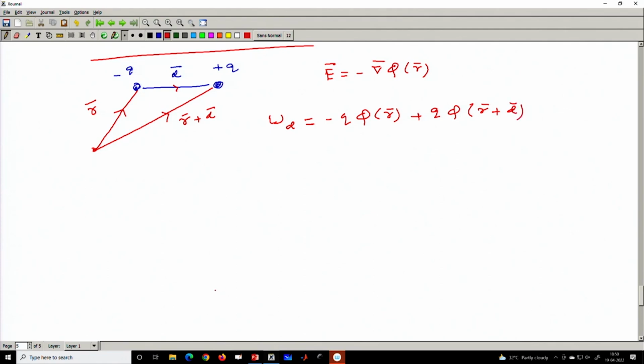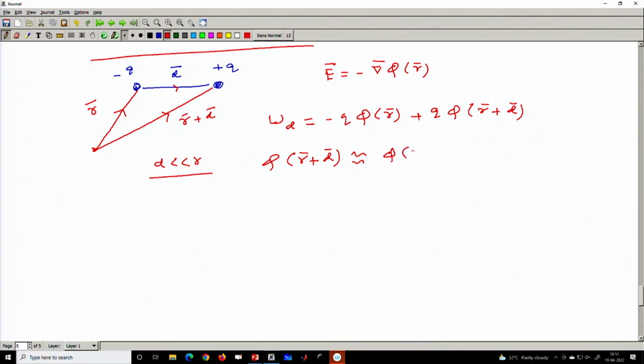Again, d tends to 0; that is the condition we should have. Normally d is very small compared to the magnitude of r. Then I simplify phi of r plus d, using the same technique as in the last class.